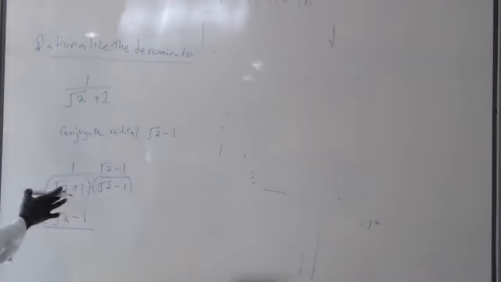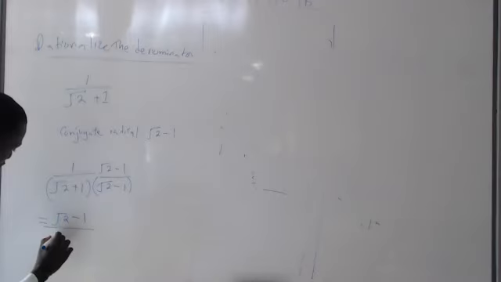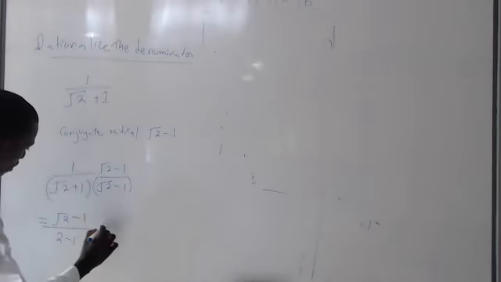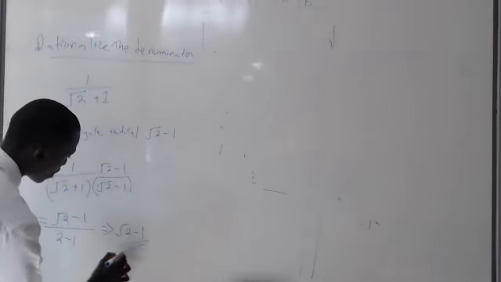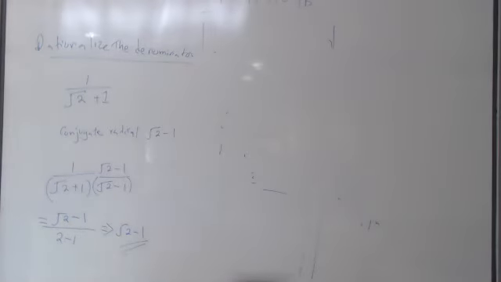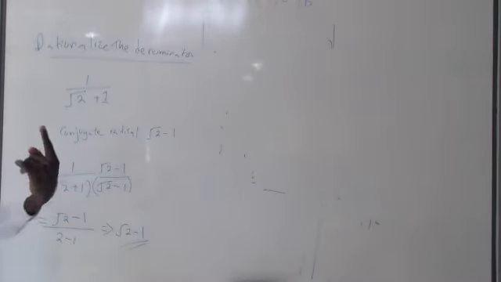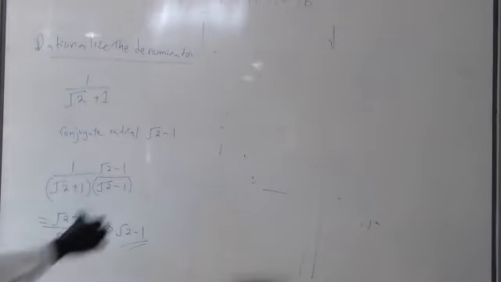So when you use the identity difference of squares, a squared will be 2, b squared will be 1. So you end up with square root of 2 minus 1. That's your final answer. We have made the denominator rational because now the denominator is just 1, which is a rational term.